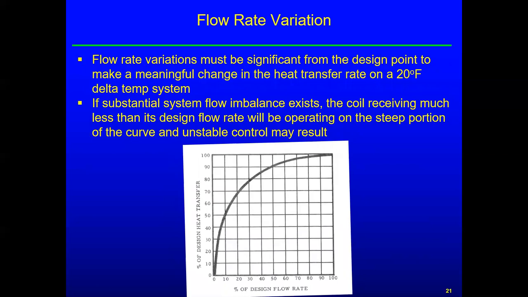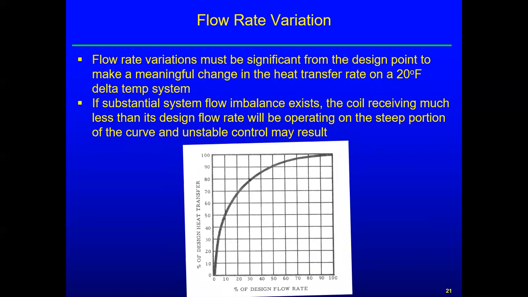Okay. So flow rate variations must be significant from the design point to make a meaningful change in heat transfer rate for a 20-degree F delta T system.